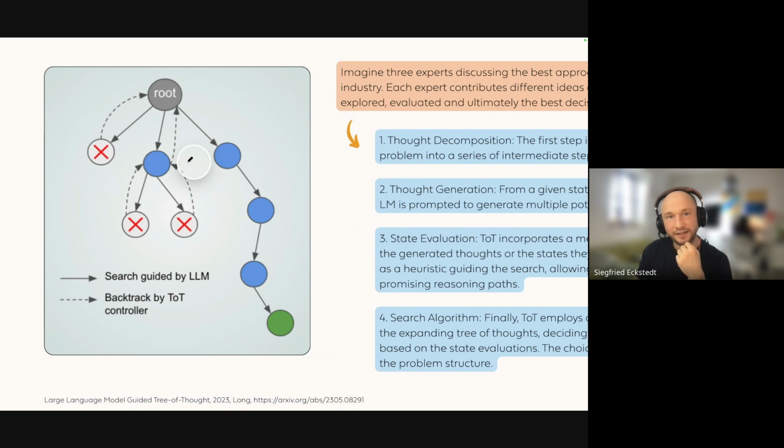And then you evaluate each of these thoughts, and only if the thoughts are worthwhile pursuing, you go and continue with the next layer. And the next layer is then informed by a little search algorithm.